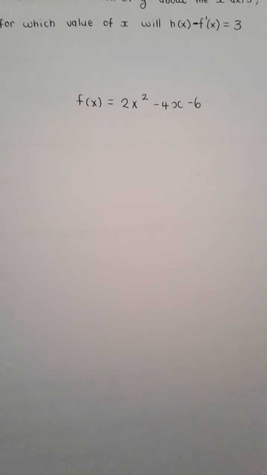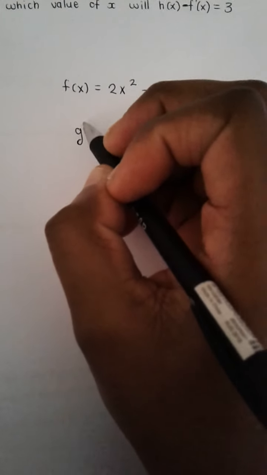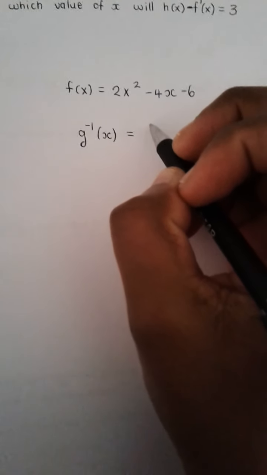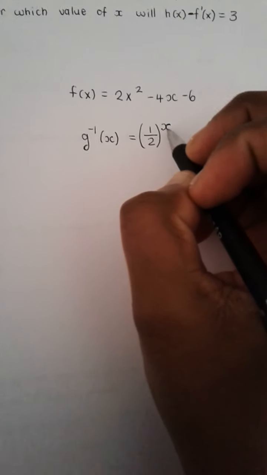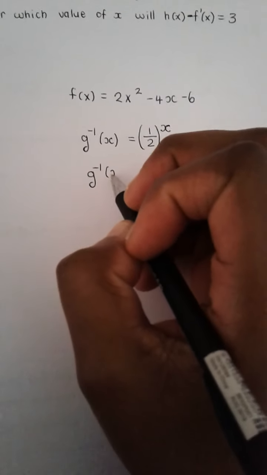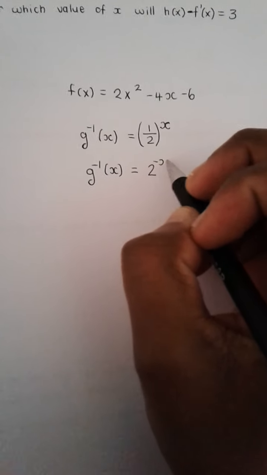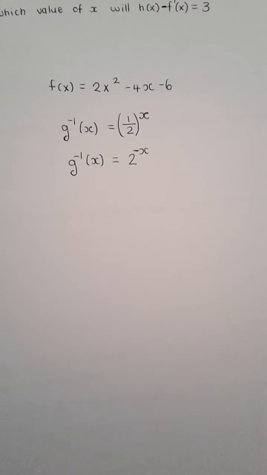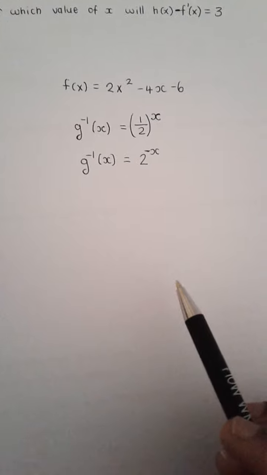And then we determined the equation of G inverse of x to be 1 over 2 to the exponent of x. We said that you can also write this G inverse as just 2 to the negative x. When you bring this 2 up to the numerator, it ends up having a negative exponent.